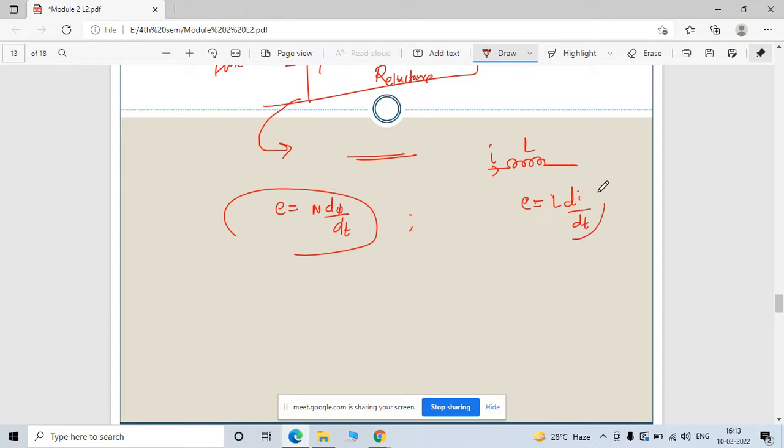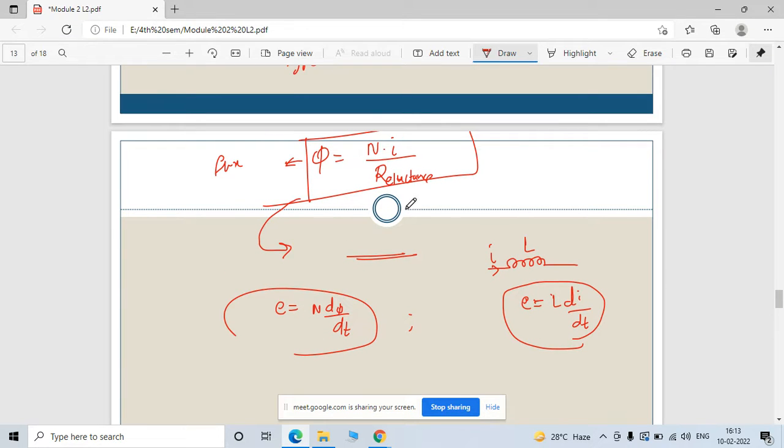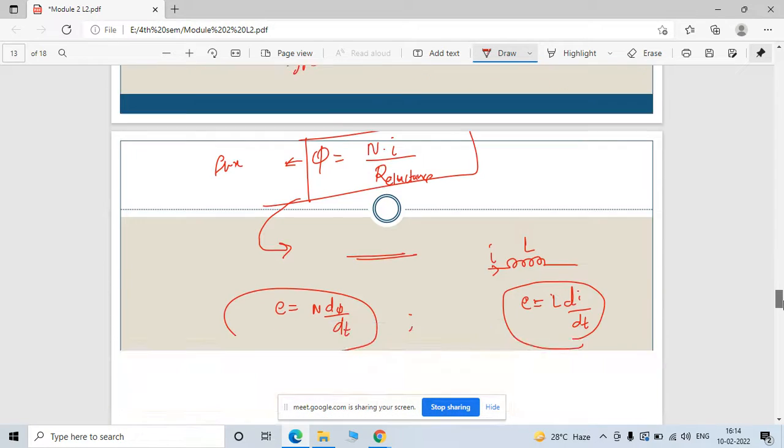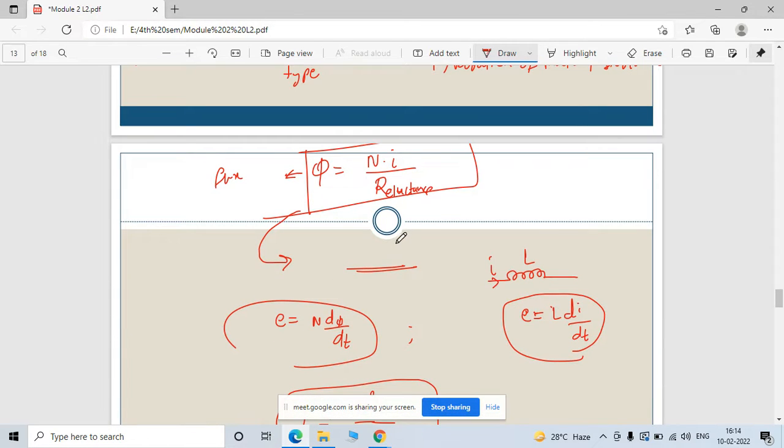This is the simple basic law. When you compare all three equations, you get L equal to N squared by R, where R means reluctance here. You got this relation when you derived this quantity, and there are some assumptions you need to take care of.